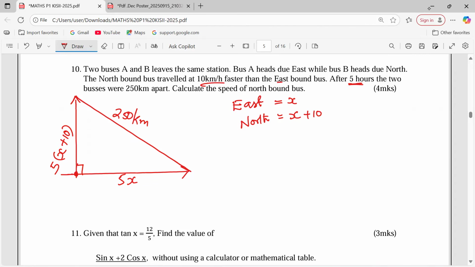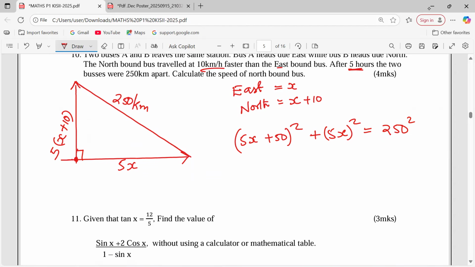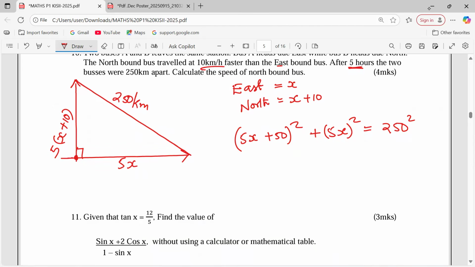So now we can use Pythagoras theorem, whereby we say 5x plus 50 squared plus 5x also squared equals 250 squared, so that you may find the value of x.